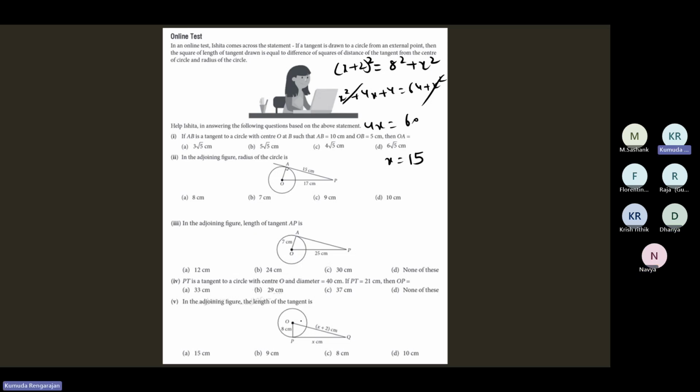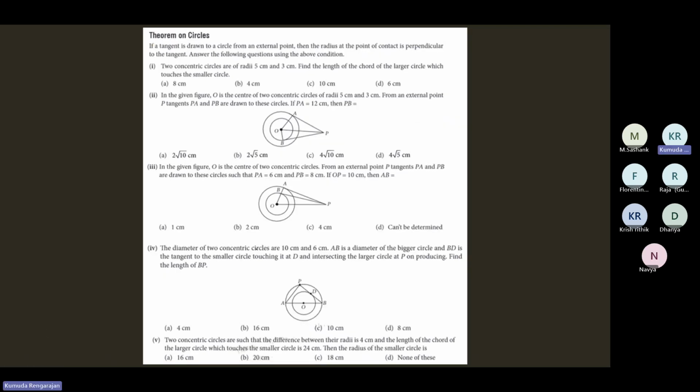But we have to answer what the length of the tangent is. Okay, the length of the tangent is also 15 only. Correct? Yes, ma'am. Pythagoras theorem again. X plus 2 the whole square is equal to 8 square plus x squared. So when you're expanding, we'll have to be careful. We shouldn't miss the middle term. A squared plus 2ab plus b squared.